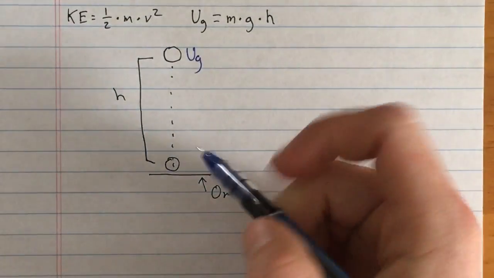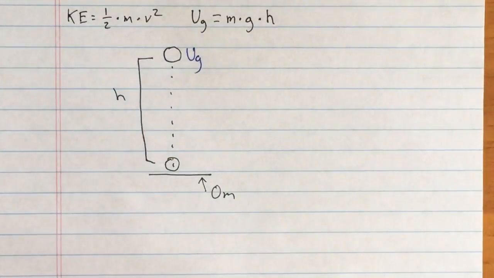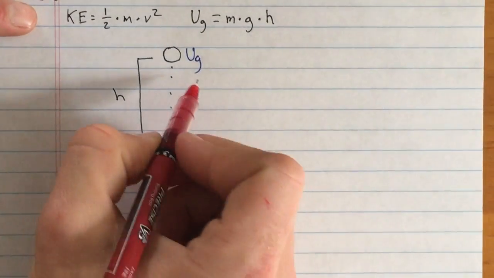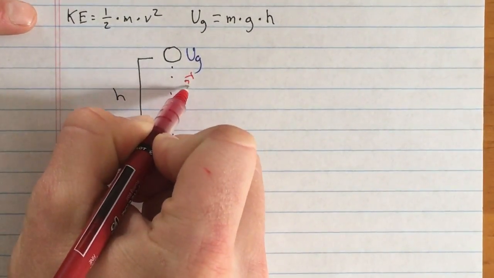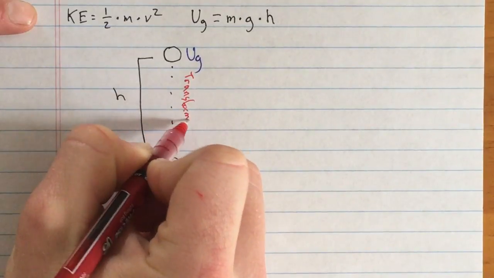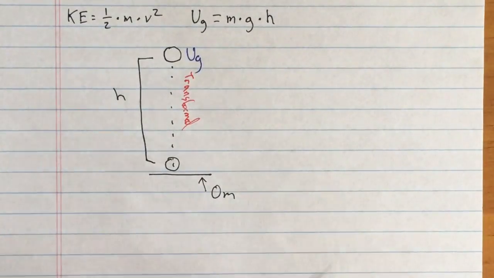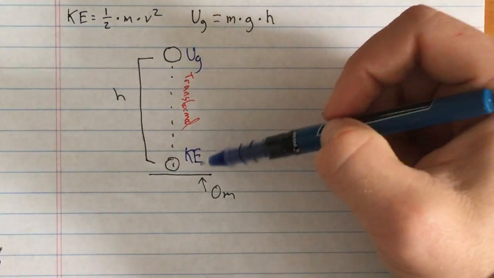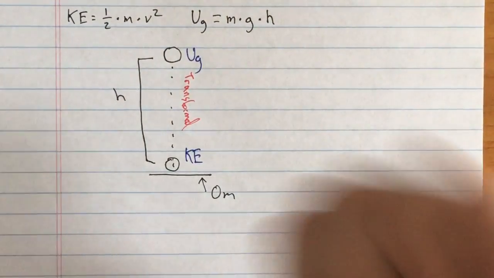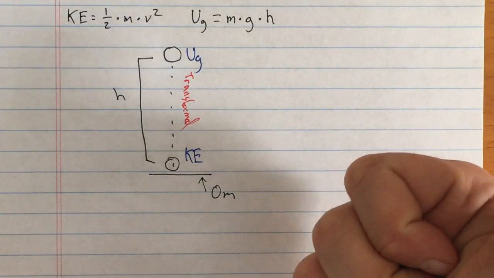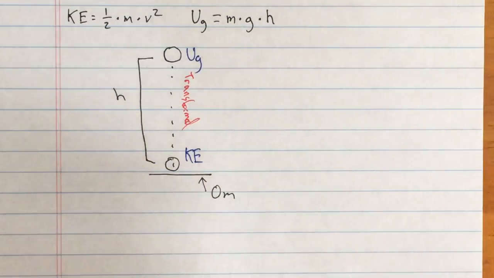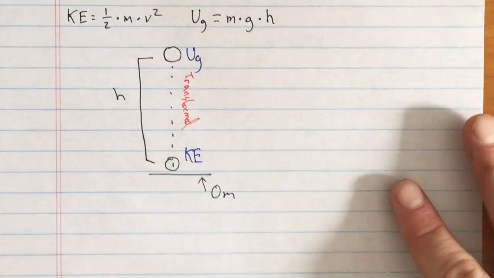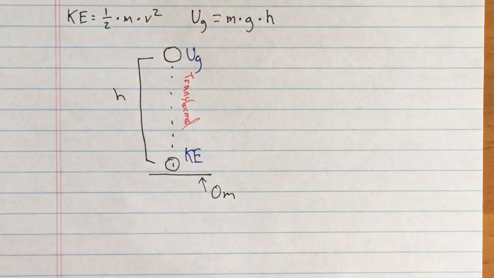And we know that at the bottom, all of that gravitational potential energy gets transformed into kinetic energy. And it will all become kinetic energy if there are no outside forces acting on the system, or there's no loss of energy in any way, or it doesn't gain energy in any way.